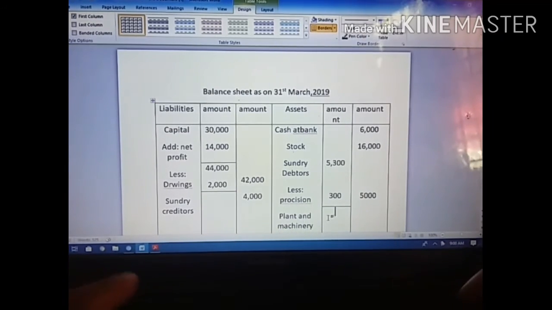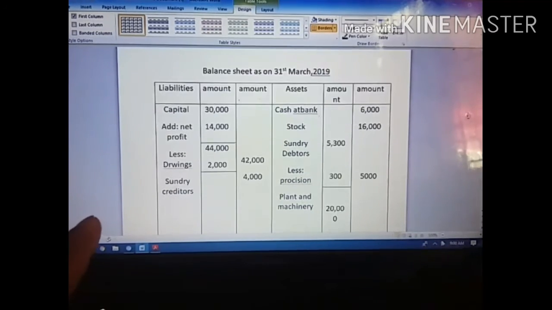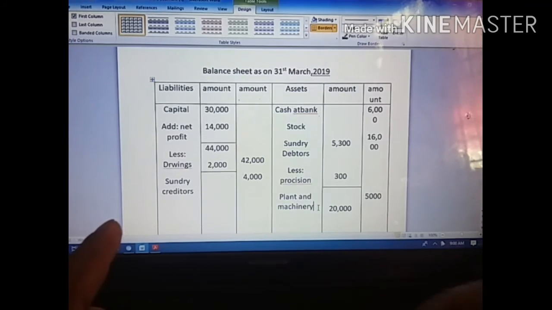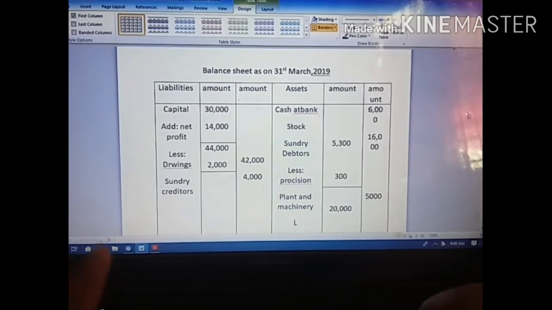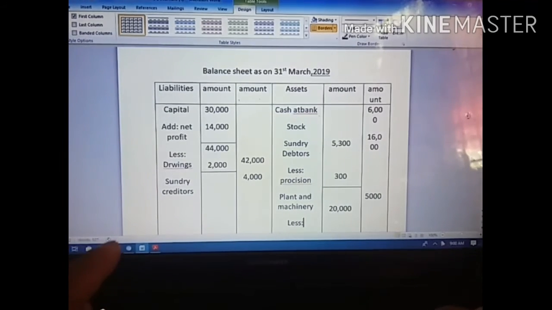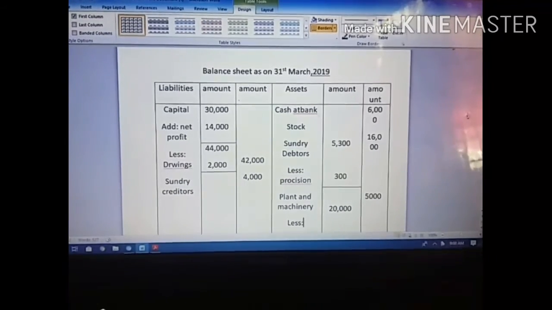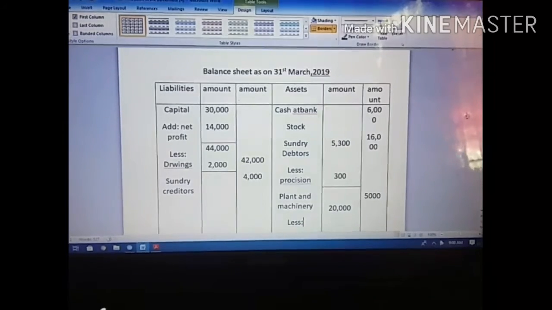The value of plant and machinery is 20,000, but there is a depreciation, so less depreciation. Depreciation also is a loss, so we have to show this amount in the P&L account. After that, in the same way, we have to minus the loss from the original value.